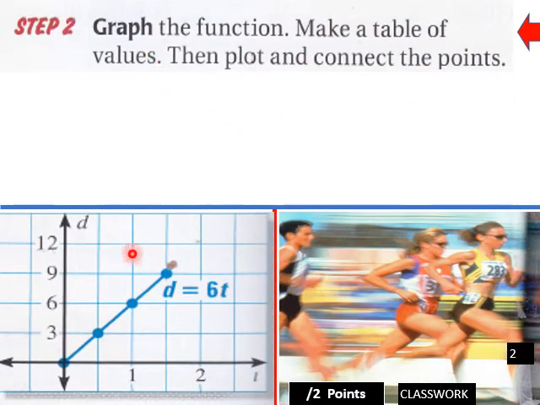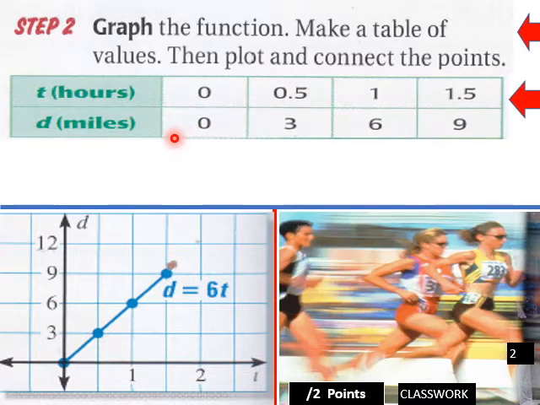So graph the function. Here is d equals 6t. Distance equals 6t. This will be your line. Make a table of the values. Here is t up here, and then here's d in miles. d is our output, t is our input, and so t is on our horizontal.